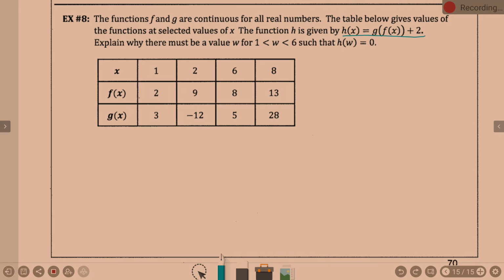So that is one thing I can state, that f and g are continuous, so h of x is also continuous. And officially, I'm going to say on 1 to 6. I should be using the closed interval, though.